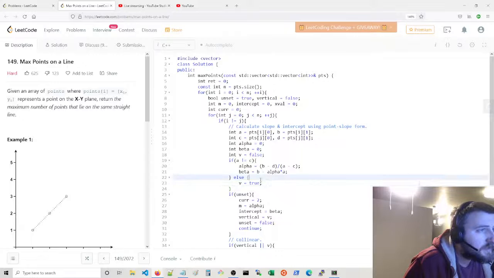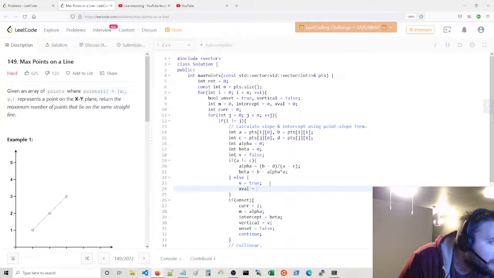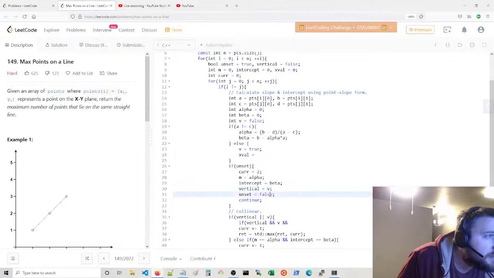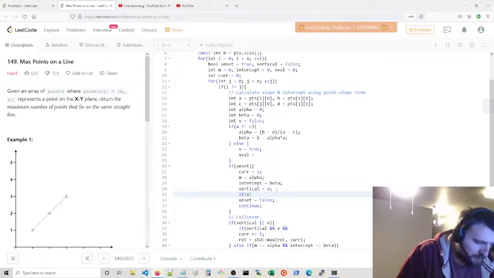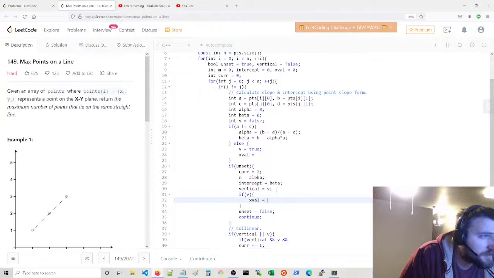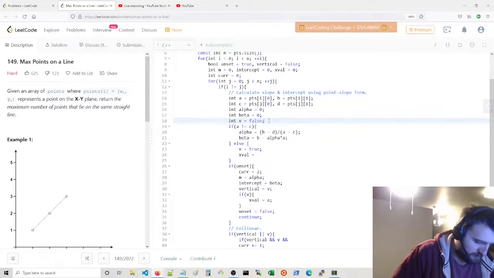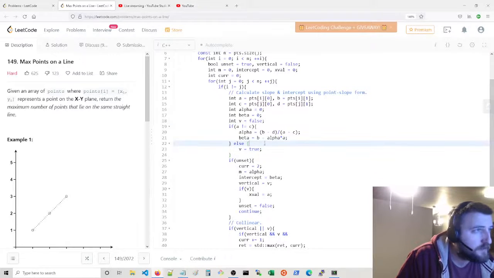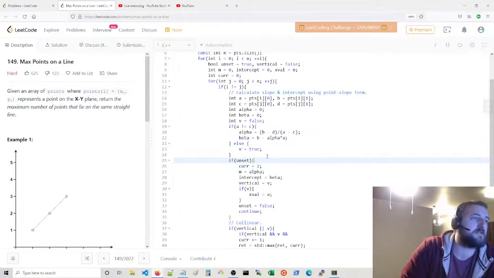V equal to true, x-val is equal to, so if v and x-val is going to be either a or b, it doesn't matter if it's vertical. This is x value. It doesn't really matter which of these you could do. This is kind of confusing. This is really confusing.